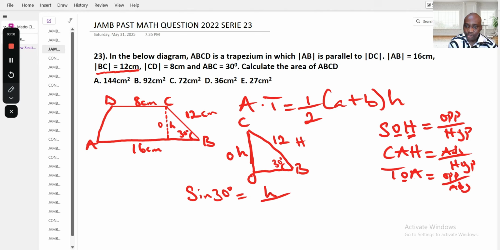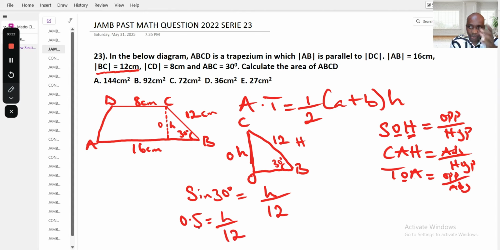Is 12, isn't it? Yes, 12. What is sine 30? Sine 30 is a half, 1/2, or 0.5. Therefore, we change sine 30 to 0.5 equals h divided by 12.